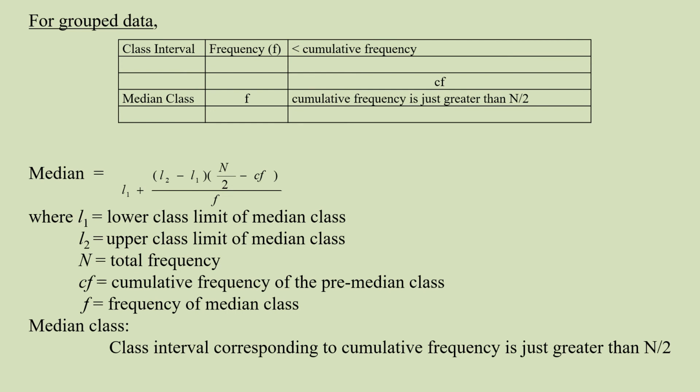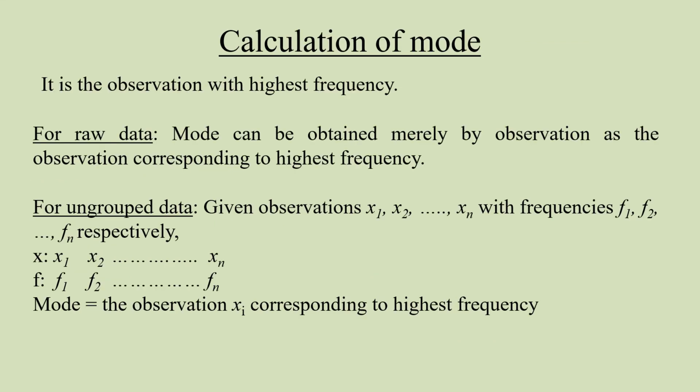The cumulative frequency in the formula will be the frequency of the pre-median class. You can easily look at the table, and f is the frequency of the median class. So these are the four values specifically which we are going to consider in calculation of median.